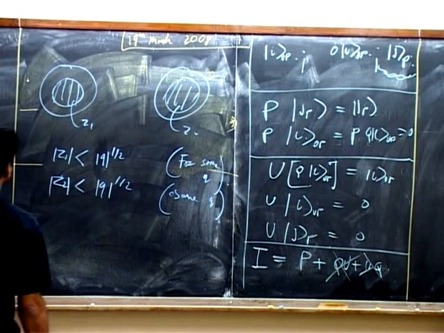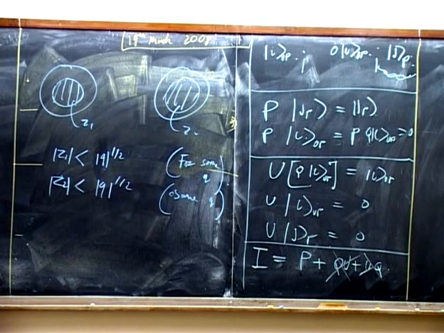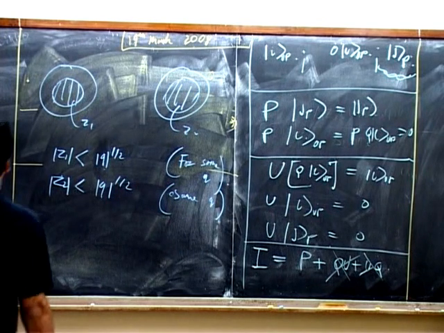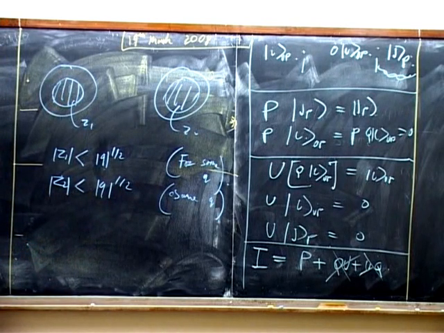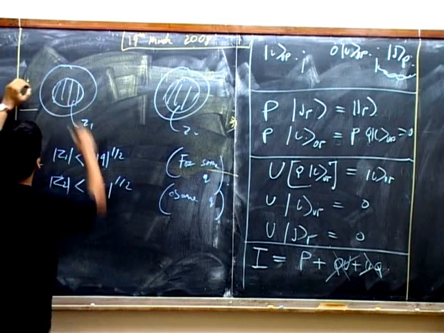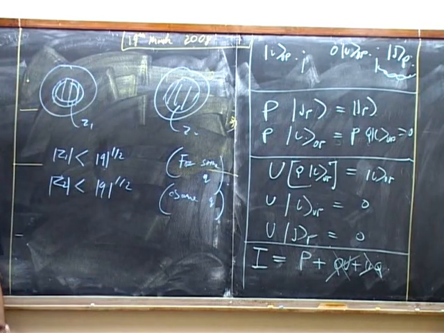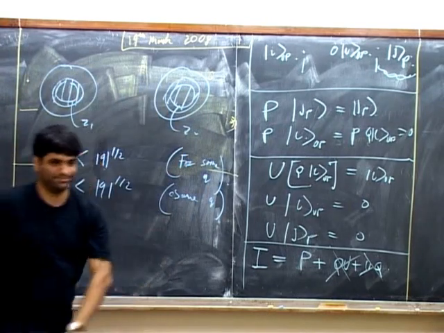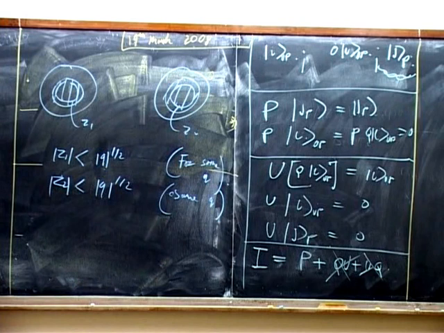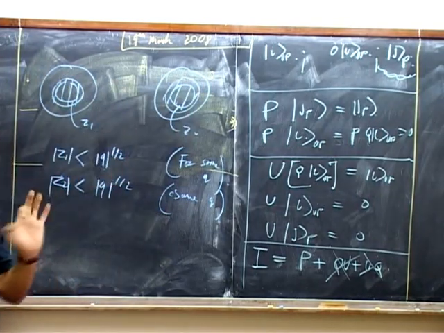Now what I want to do is define a new Riemann surface in the following way. I'm going to remove a disk from here, remove a disk from here, and then join these two things with a tube.